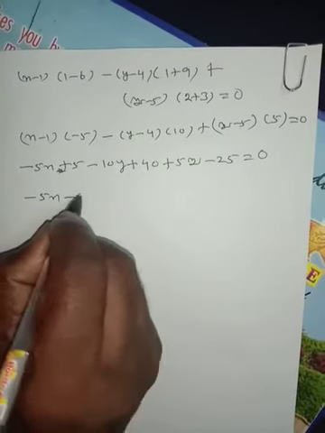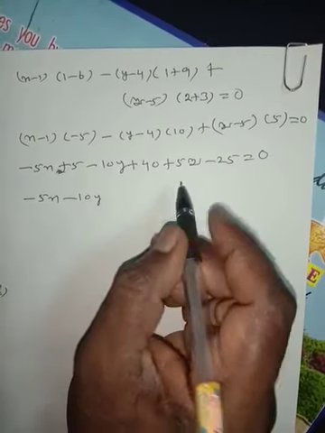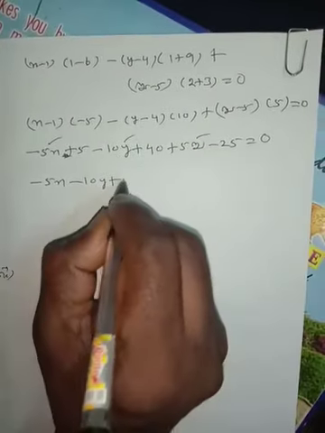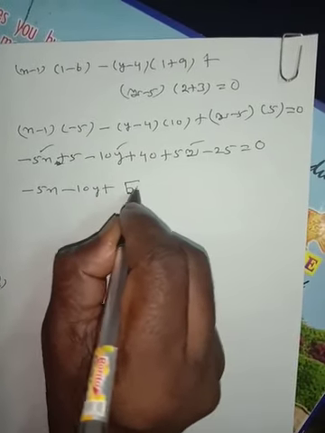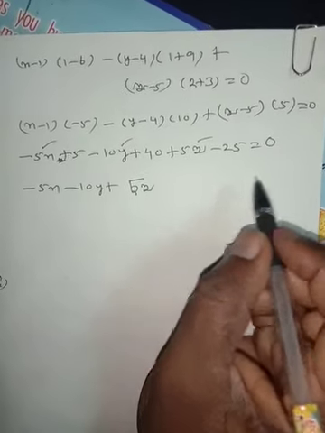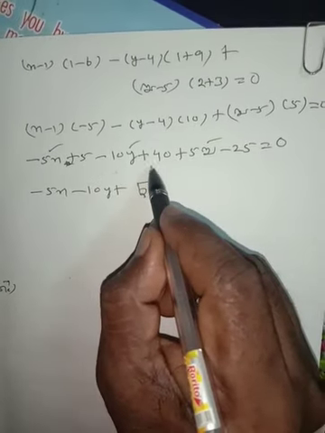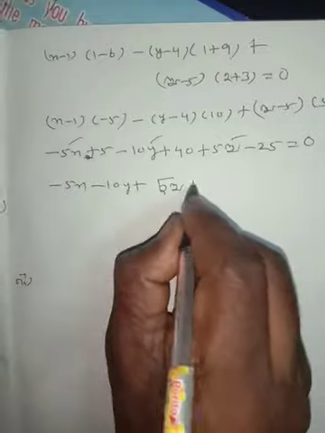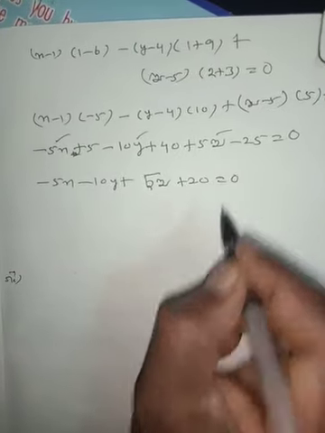Minus 5x minus 10y plus 5z plus 5 plus 40 minus 25, that is 20 plus 20, is equal to 0.